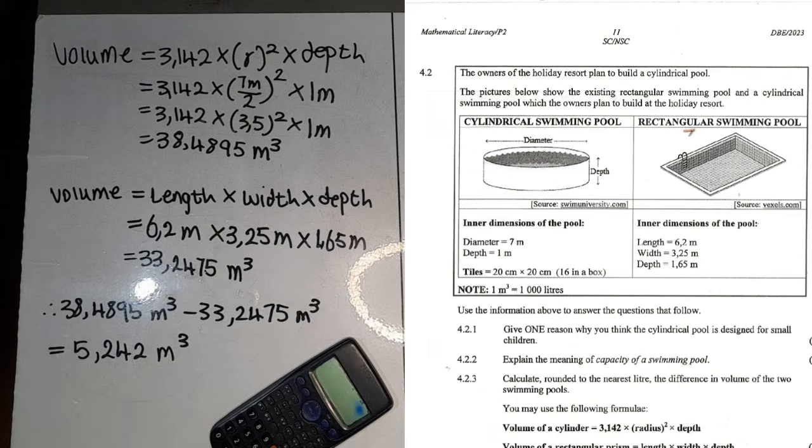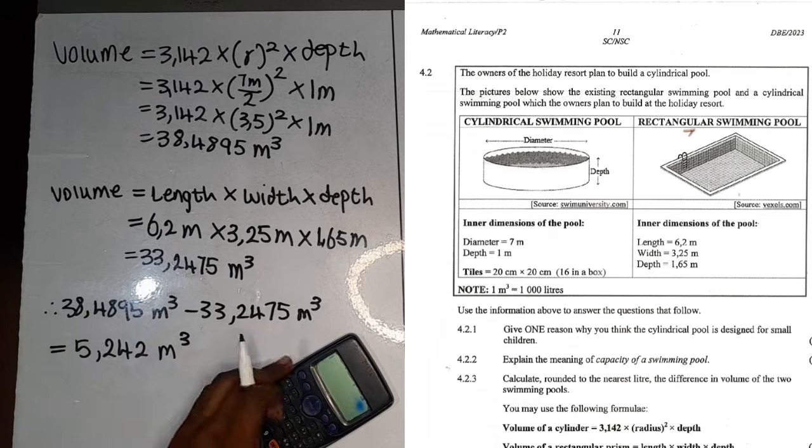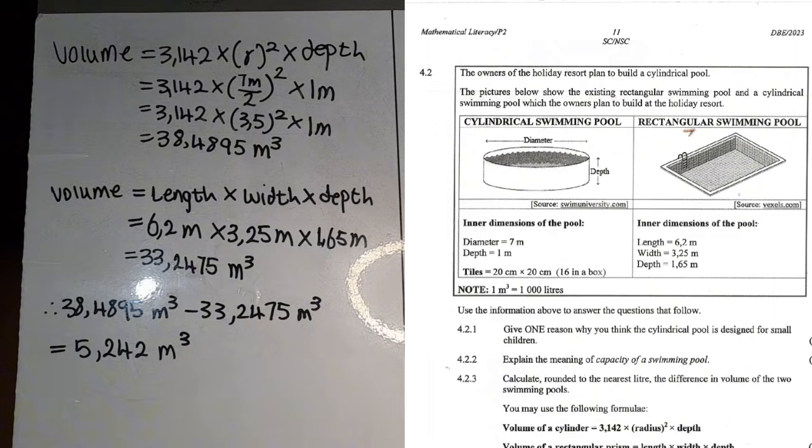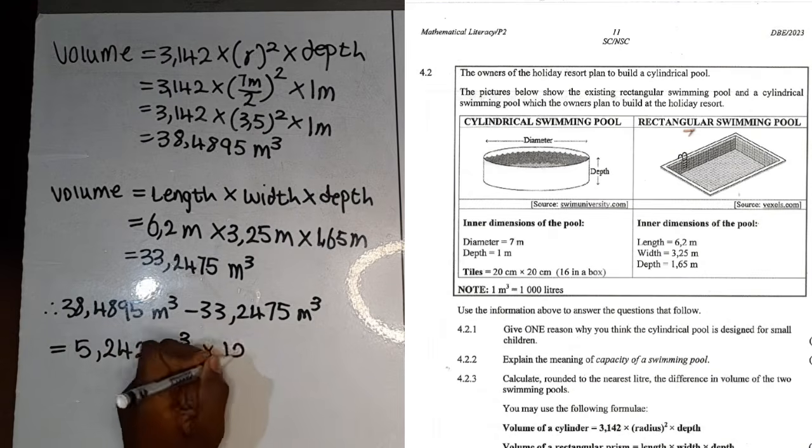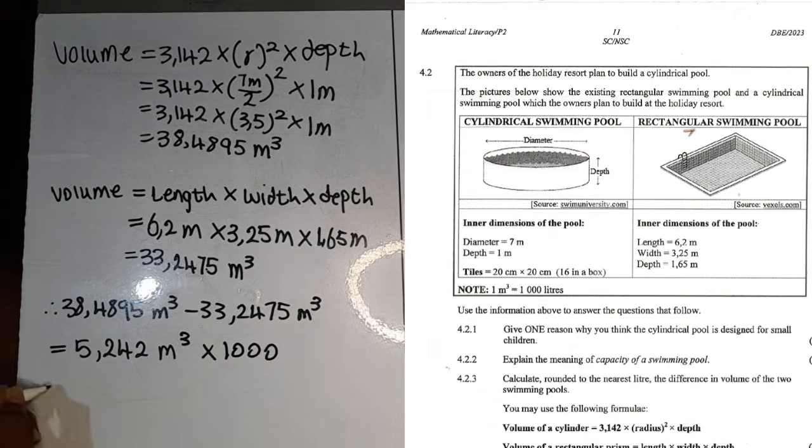That is the information that we are going to use to find how many liters we have in 5.242 cubic meters. And that means that we're going to do what? Since we have been told that 1 cubic meter equals 1000 liters, we're just going to take 5.242 cubic meters and multiply it by 1000, and that will tell us the amount of liters.